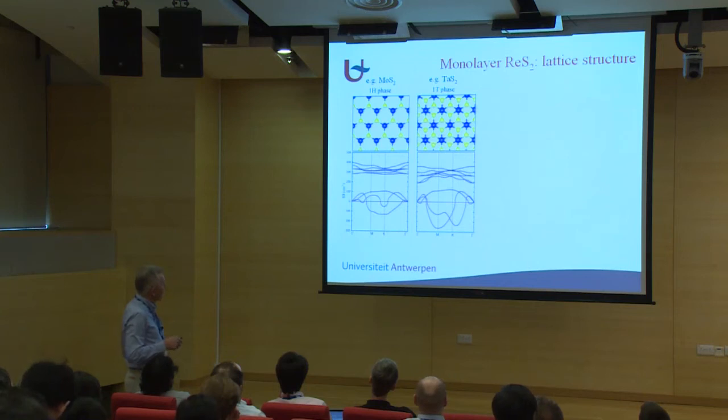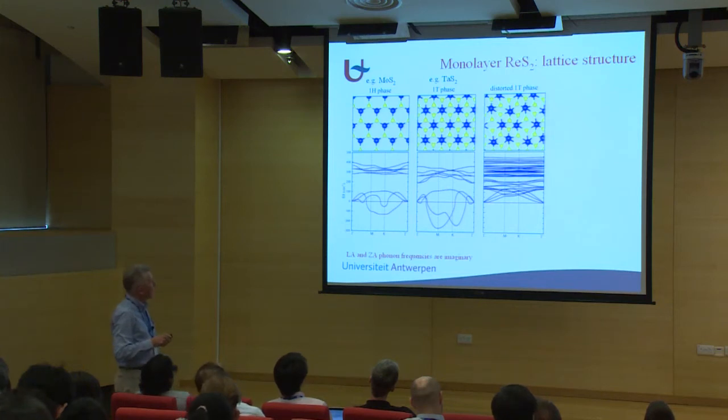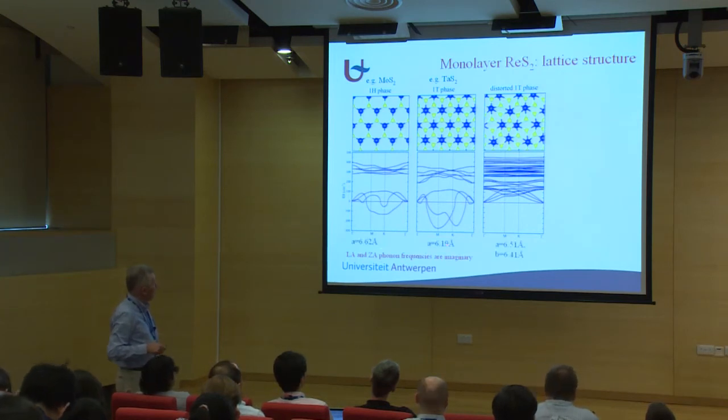If we now take the 1T phase and let the system relax, we find a distorted 1T phase with real phonon frequencies. I will discuss a little later how this distortion happens. You see a clear deformation here. The lattice parameters are a little bit in between those two.